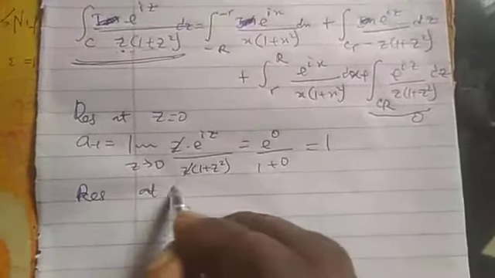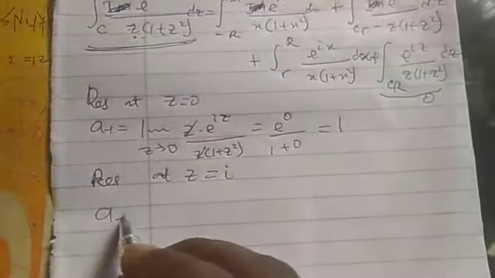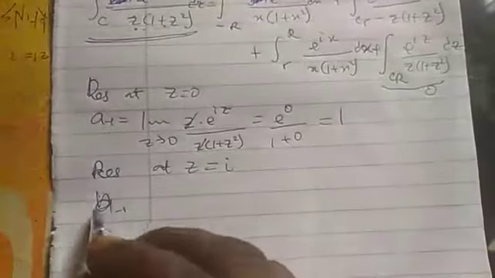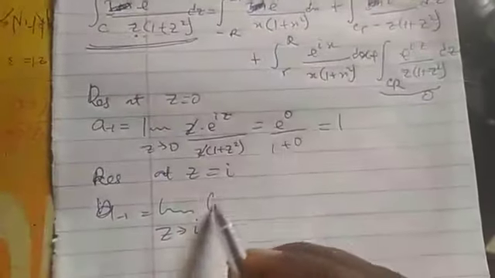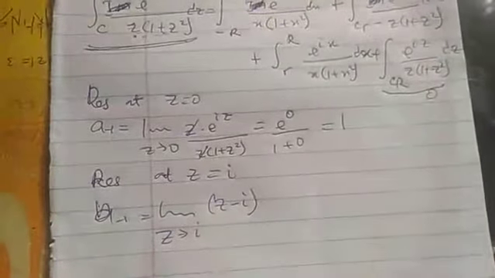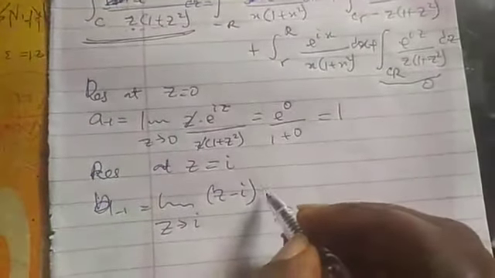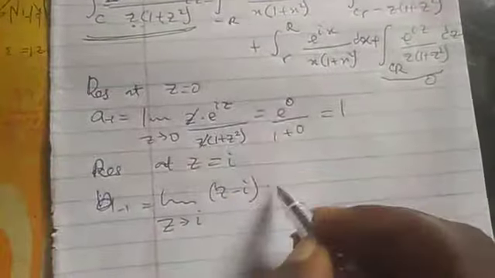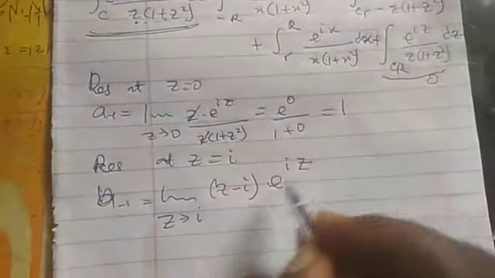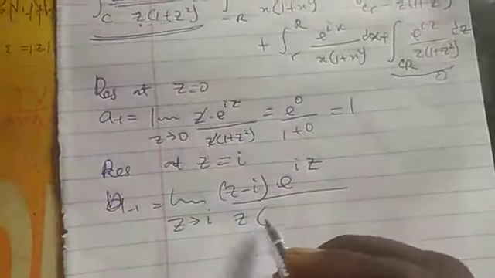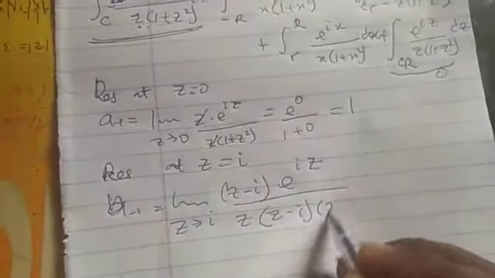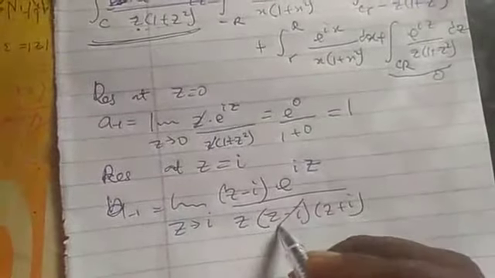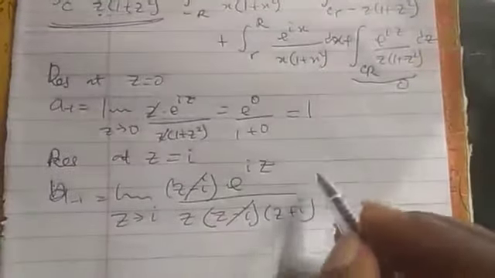Also, residue at z equal to i. That will be b minus 1, which is equal to the limit of z tends to i, z minus i times f of z. This is our f of z, exponential iz over z times, remember this one can be written as z minus i and z plus i, so that this will cancel this.